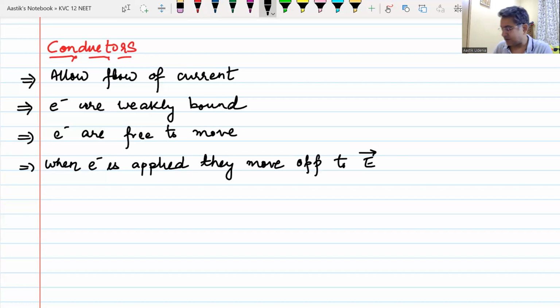And these types of materials are known as conductors. All metals are conductors.